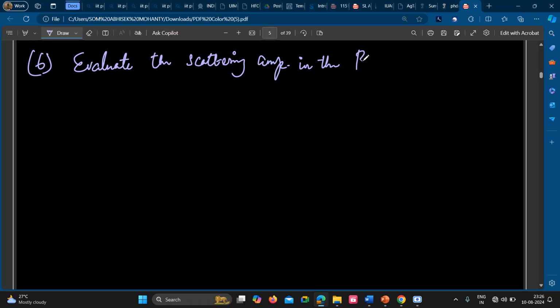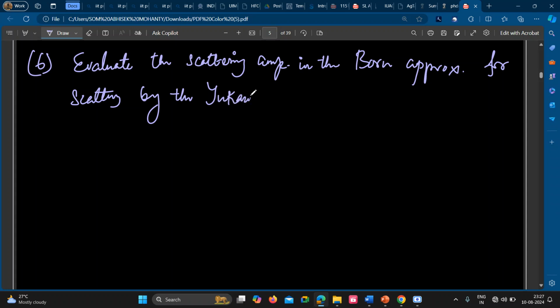Now question number 6 comes. Evaluate the scattering amplitude f theta in the Born approximation for scattering by the Yukawa potential, just the application of the previous one. You must have studied the Yukawa potential in nuclear physics.